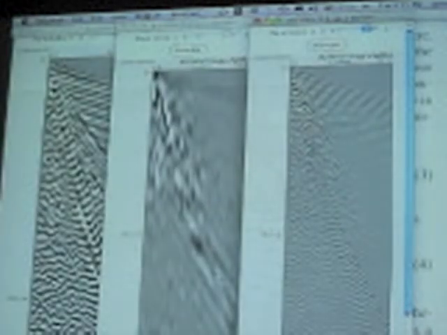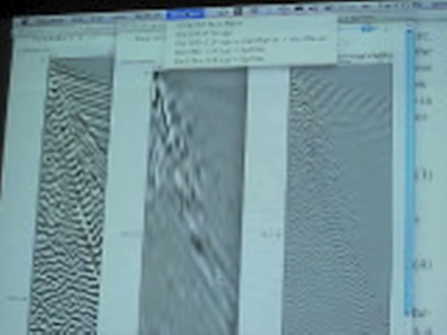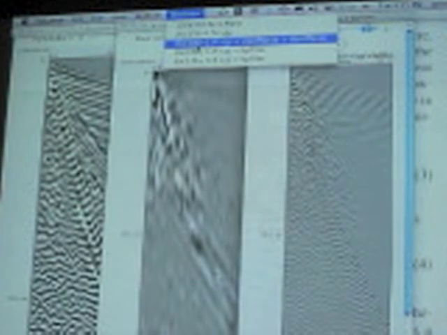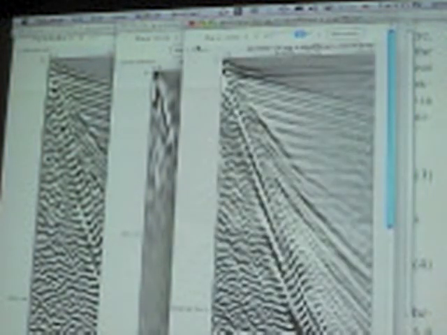All right, so let's do that. Just have to go back to UMAT. I have an inverse slant stack here, and I don't want that anymore.